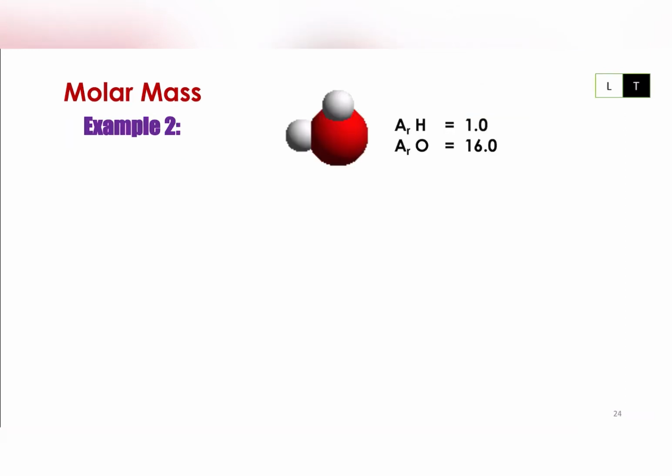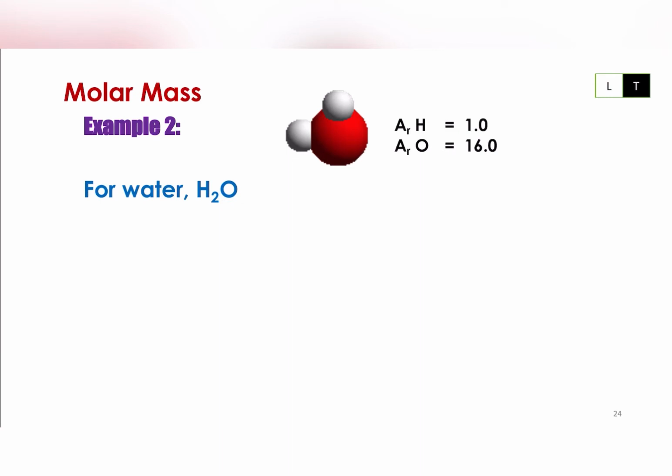Let's go to example 2. I have a molecule of water, H2O. From its chemical formula, you know that the relative atomic mass for hydrogen is 1 and for oxygen is 16. So to get the relative molecular mass for H2O, you have to add up 2 hydrogen and 1 oxygen atoms.